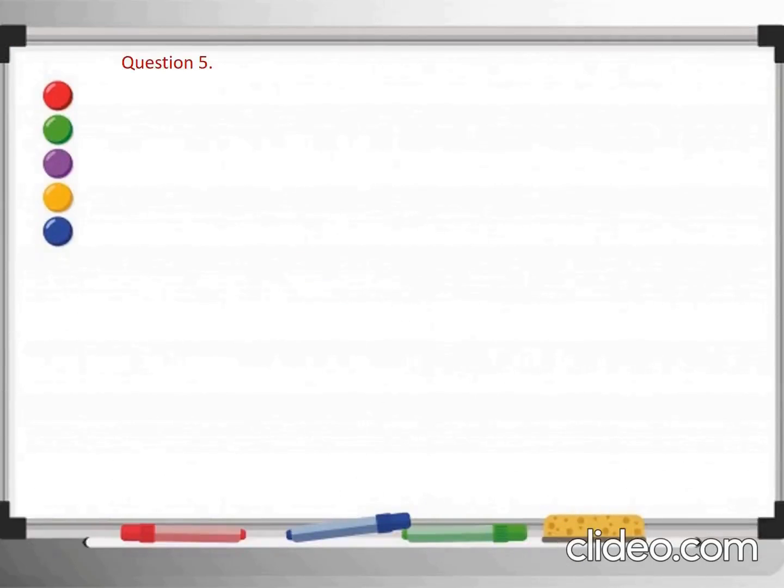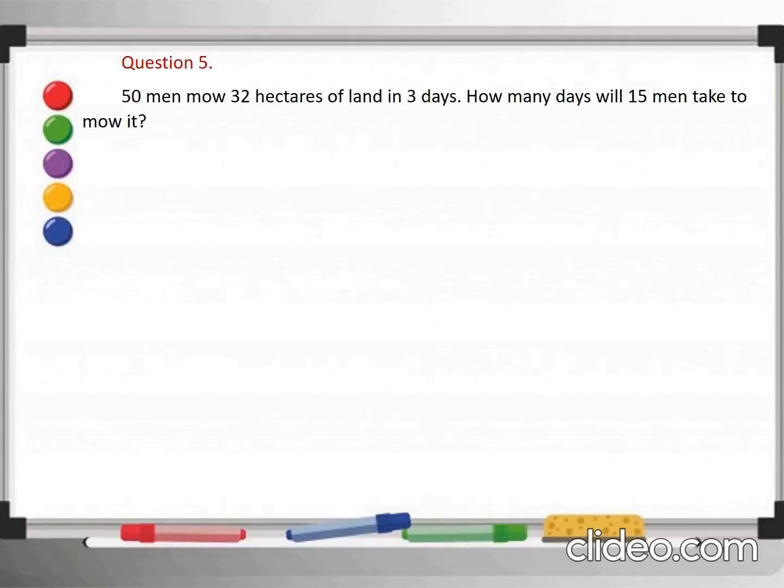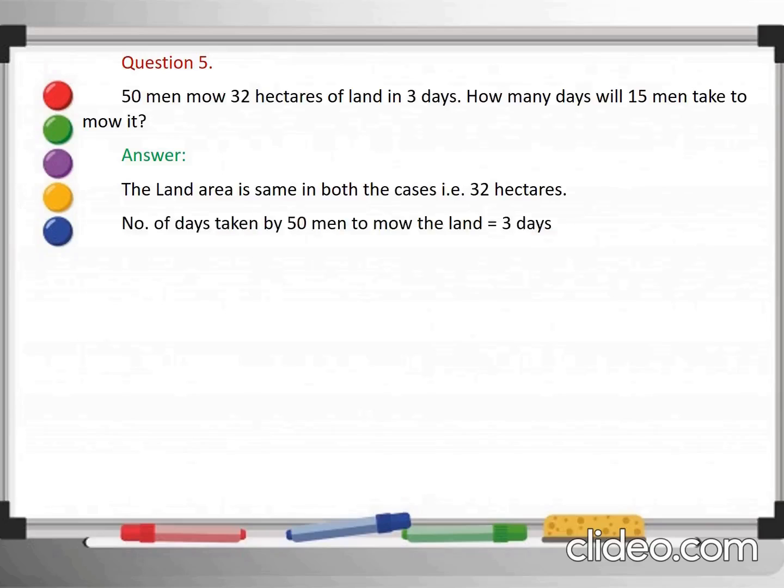50 men mow 32 hectares of land in 3 days. How many days will 15 men take to mow it? The land area is the same in both the cases, that is 32 hectares. Number of days taken by 50 men to mow the land equals 3 days.